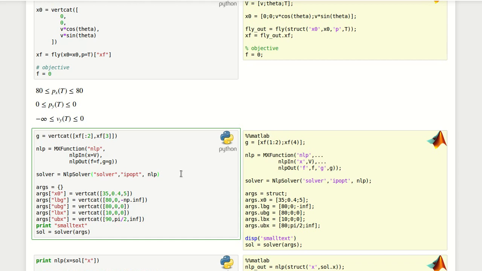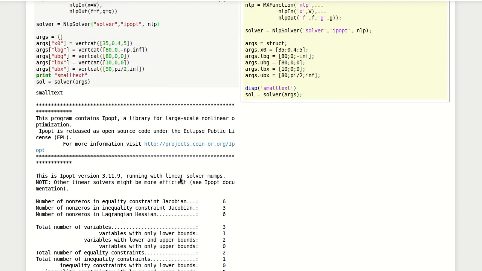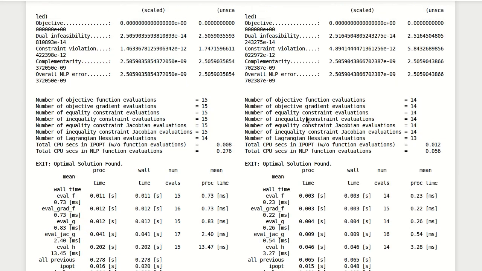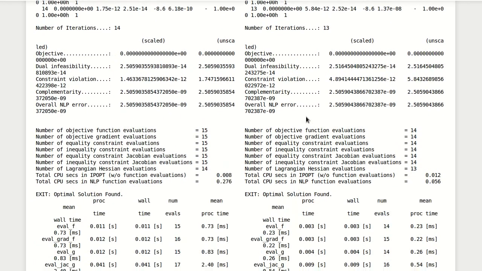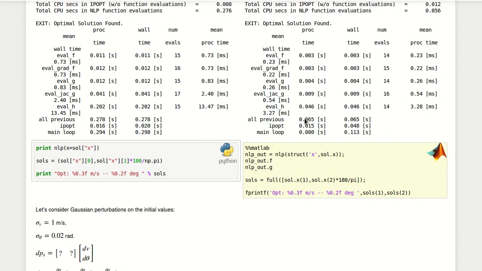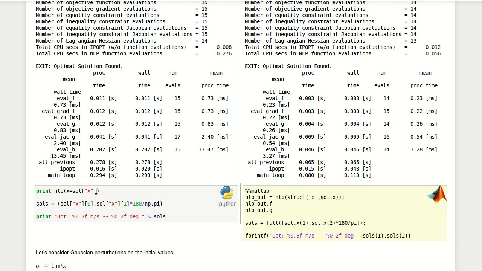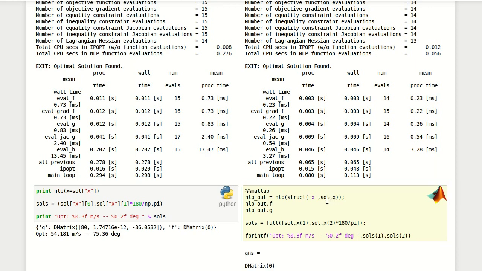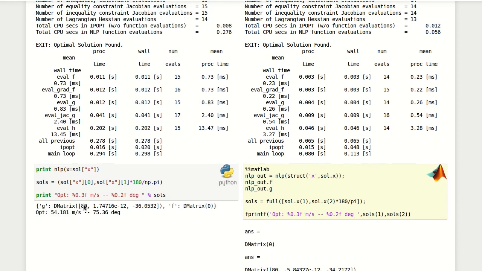Here you can see the IPOPT iteration output. The result of calling the solver is just a dictionary or struct. So if we ask for the decision variables at the solution, and we evaluate the original NLP function with it, then we see indeed we're ending up at 80 meters at 0 height, almost 0, and we have a negative velocity pointing to the Earth.